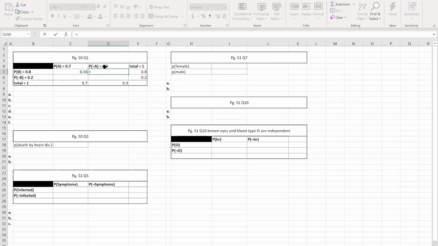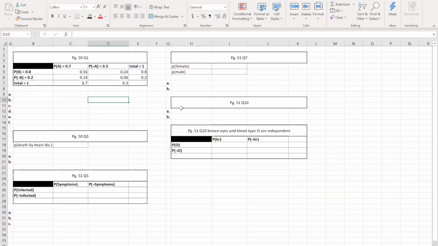The probability of not A and B occurring is the probability of B times the probability of not A. The probability of A and not B is equal to the probability of A times the probability of not B. The probability of not A and not B is equal to the probability of not A times the probability of not B.